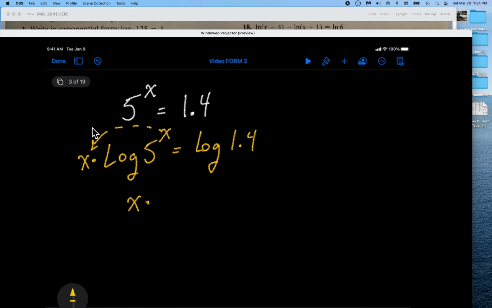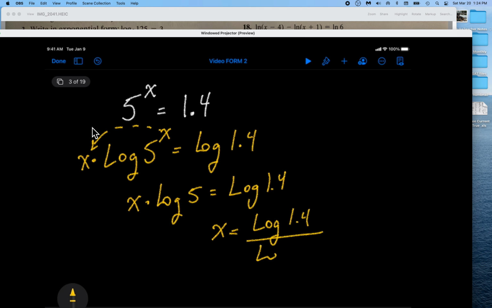So we're going to get x times log of 5 equals log of 1.4. We're going to divide both sides by log of 5, and you're going to get log of 1.4 over log of 5. And when you punch that in the calculator, you get 0.2091.